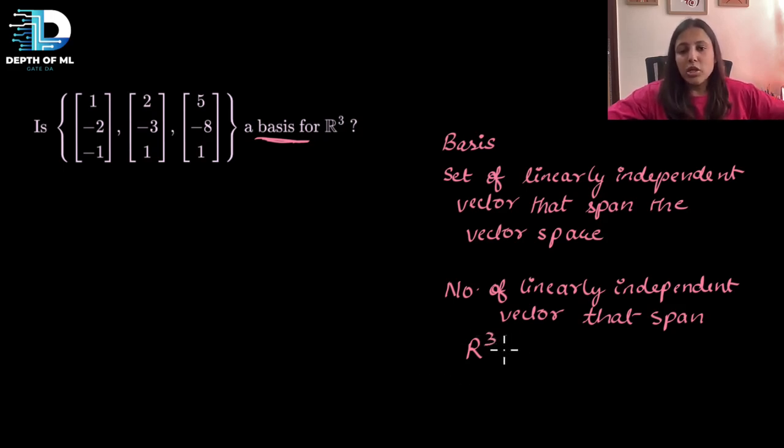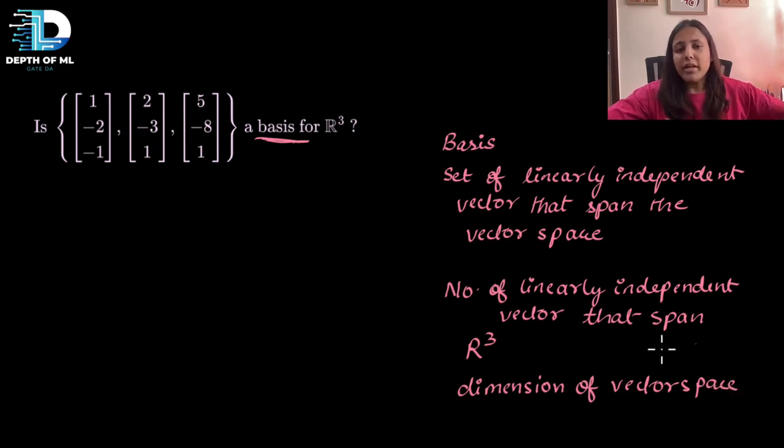The number of vectors in the basis is called the dimension of the vector space. How many vectors do I need in R3 to span the whole R3? I have talked about this in the lectures, but we know that I would need 3 linearly independent vectors to span it.